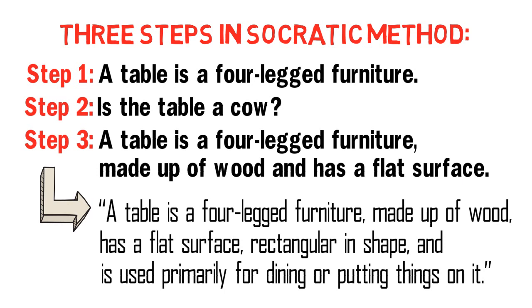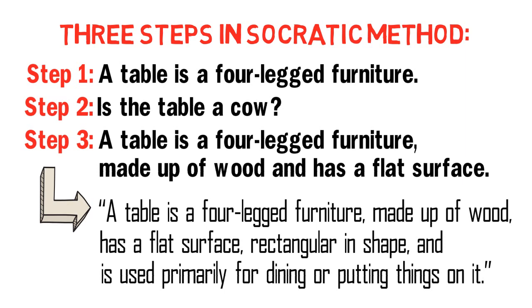As we can see, this is the essence of a table. This is what makes a table, so that even if one sits on the table it remains a table. It does not become a chair because the main purpose of the table is for dining or for putting things on it and not for sitting.